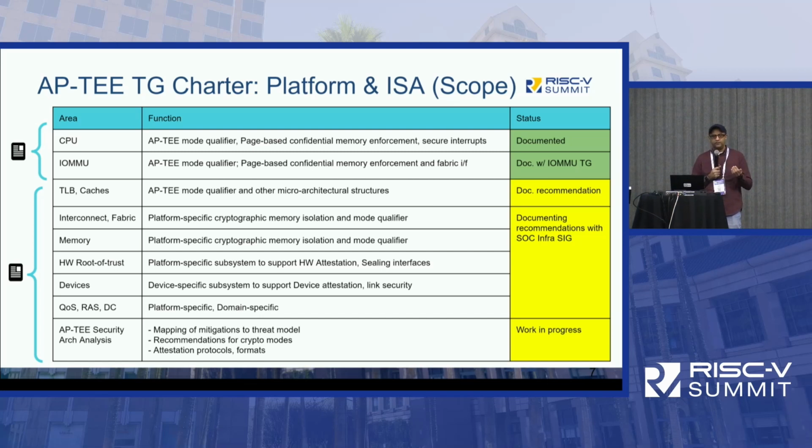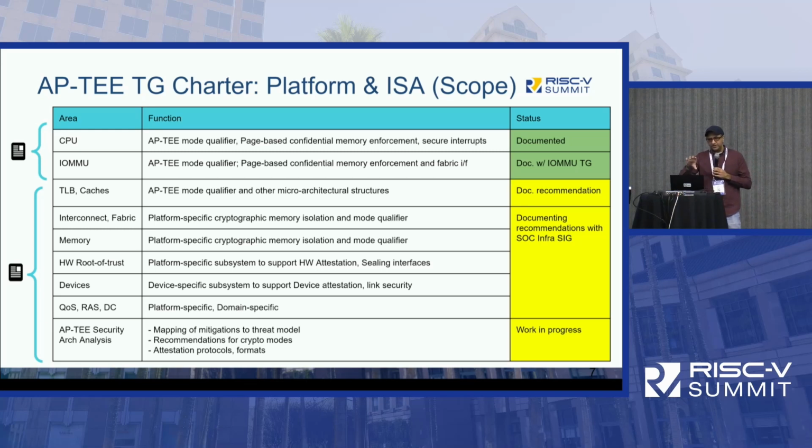How do we specify the properties that we need for tracking confidential memory on a platform by virtue of this confidential PMA? What are the IMSIC extensions that we need? We've talked about some of those in the task groups, but we need to take the next step and talk about a more detailed description of those.